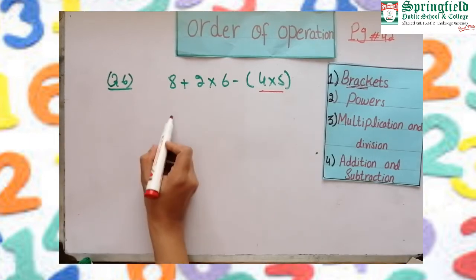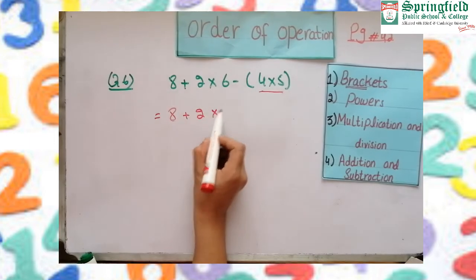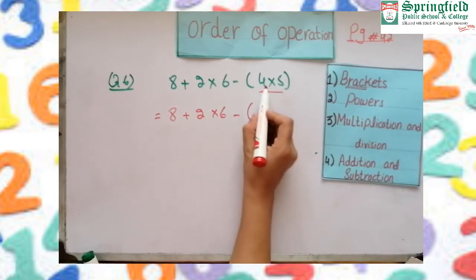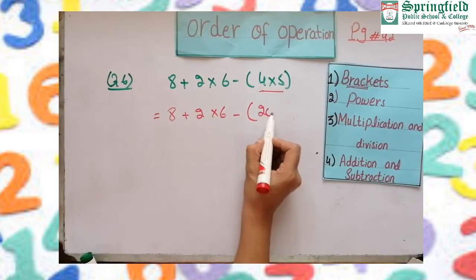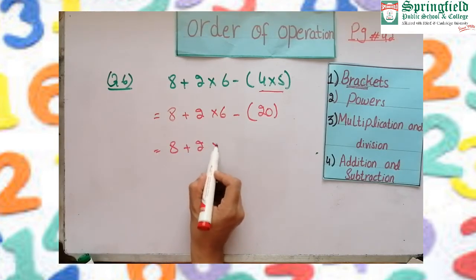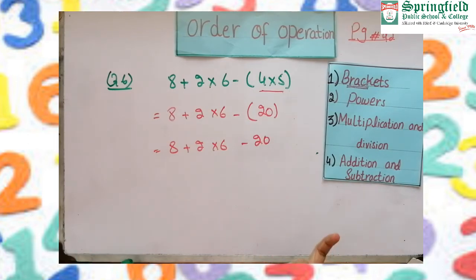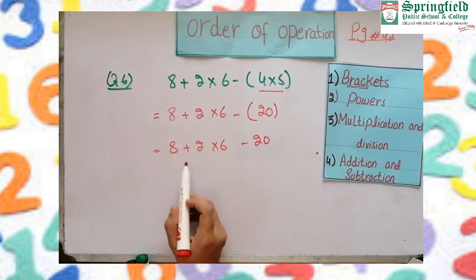It means we will write all the numbers the same: 8 plus 2 multiply 6 minus 20. We can write 20 without bracket because 20 is a single number, there is no other number. Now what will we do here?